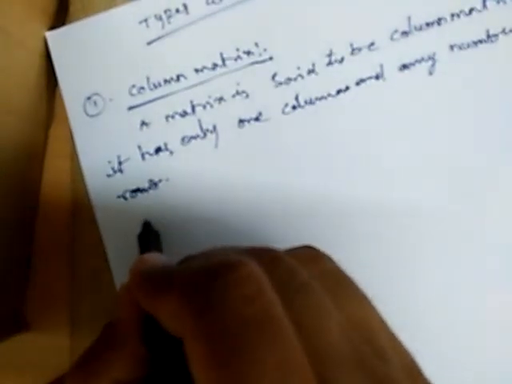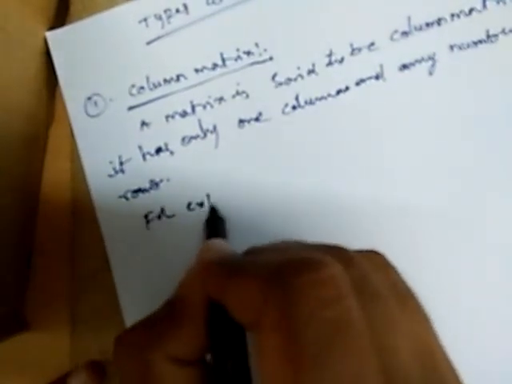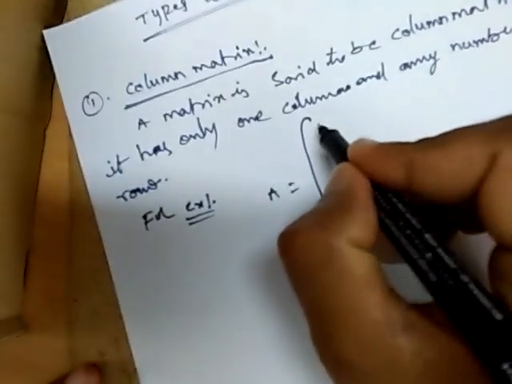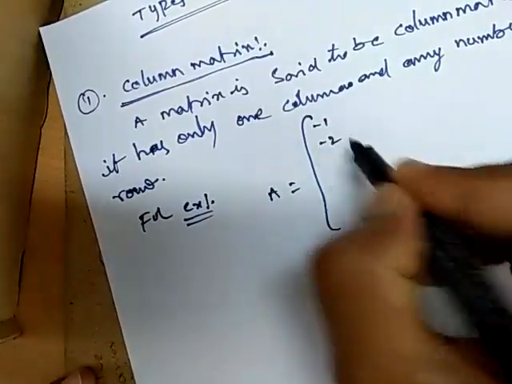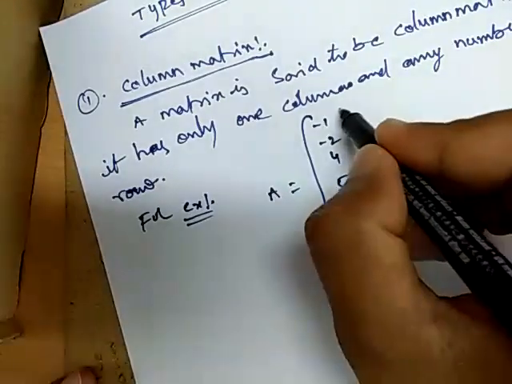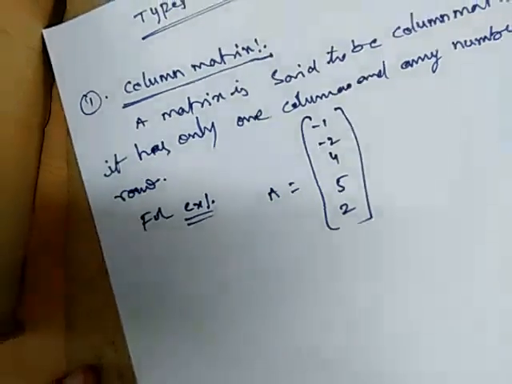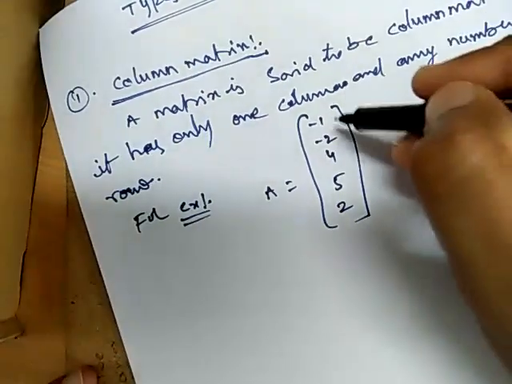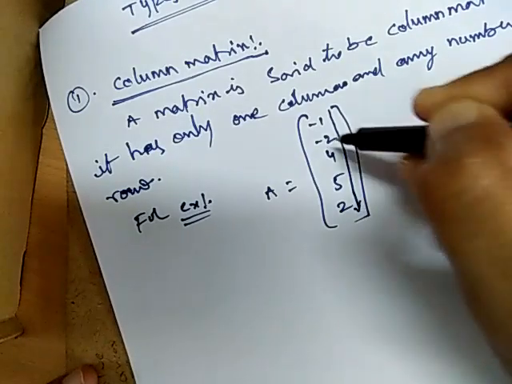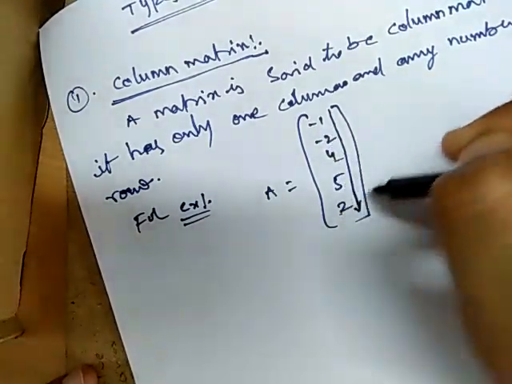For example, suppose I am taking a matrix: -1, -2, 4, 5, 2. This is one matrix. In that matrix, we have only one column, irrespective of the number of rows.